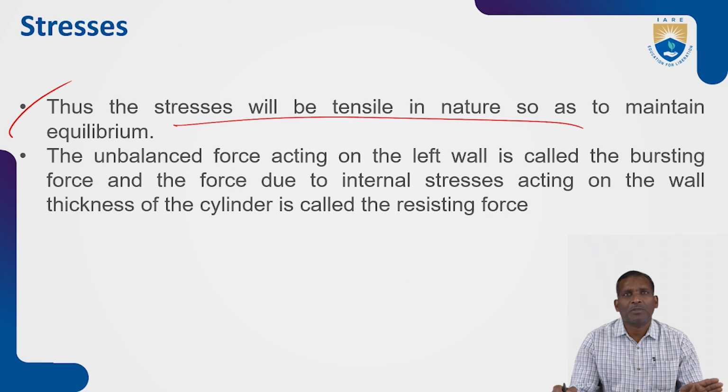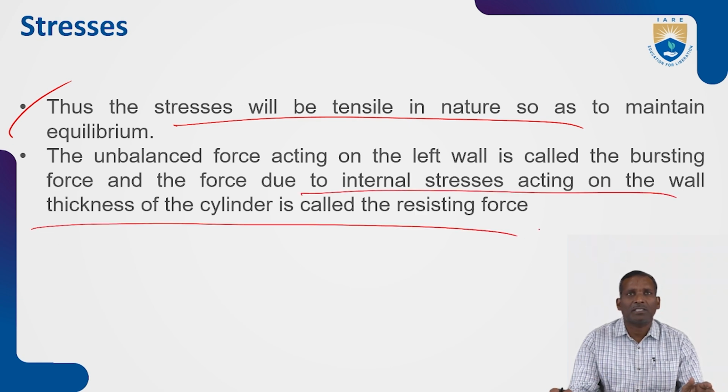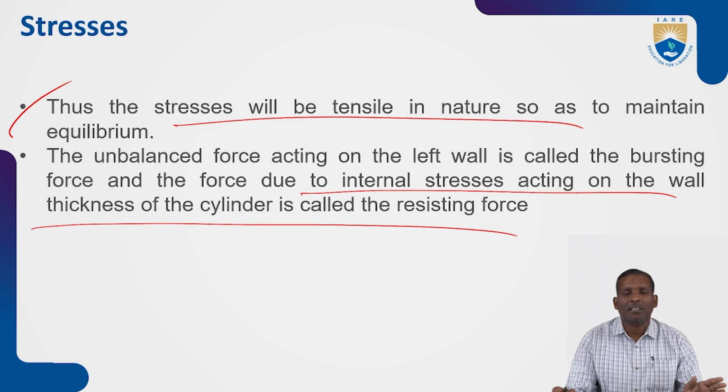The unbalanced force acting on the left wall is called the bursting force. And the force due to internal stresses acting on the wall thickness of the cylinder is called the resisting force. The stresses will be tensile in nature.